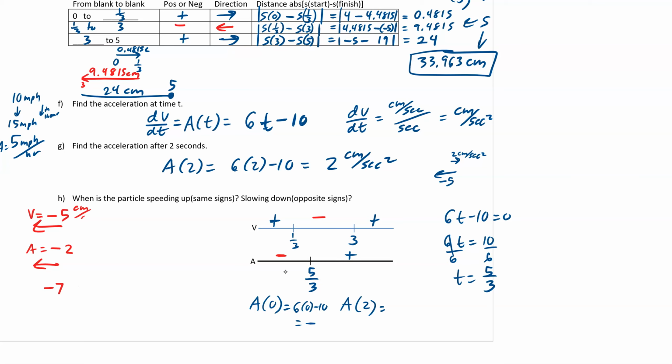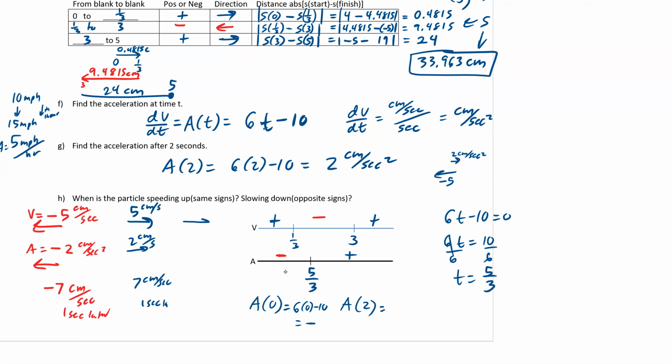Centimeters per second, centimeters per second squared. So this would become negative 7 centimeters per second one second later. And if they were both going this way, that would be like 5 centimeters per second and 2 centimeters per second, both positive. And so now we would end up with 7 centimeters per second one second later.